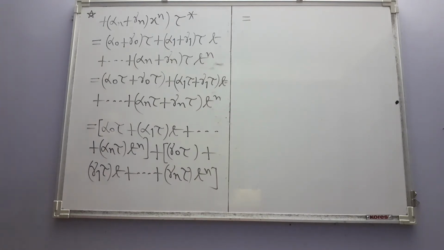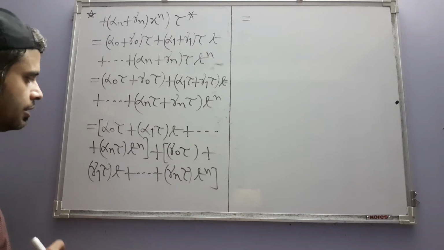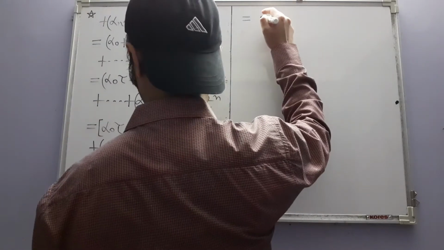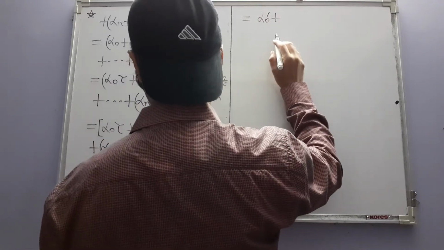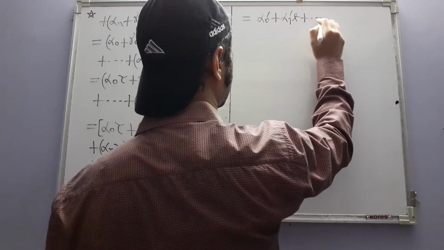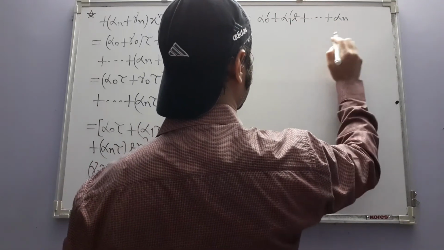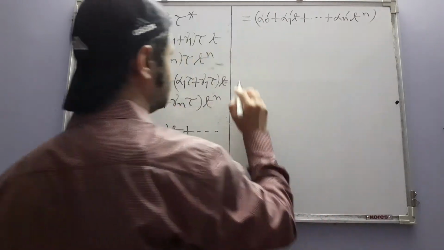And this will be equal to, we can instantly recognize the first one. It is nothing but alpha naught prime plus alpha 1 prime t plus alpha n prime t to the power n.